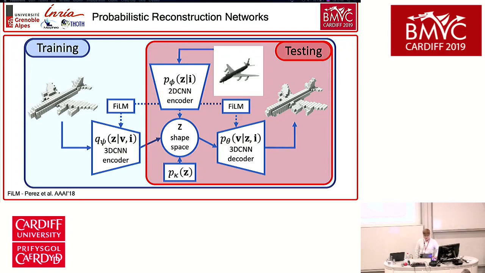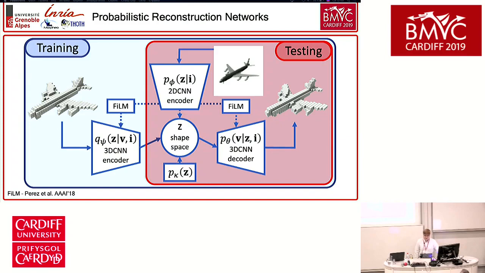Practically, we developed an implementation of the proposed formalism, which we called probabilistic reconstruction networks. Here at the top of this scheme, you can see the image-conditioned prior, which takes the form of a two-dimensional CNN, while on the right and left of the scheme, you can see the posterior and decoder, which take the form of 3D CNNs.